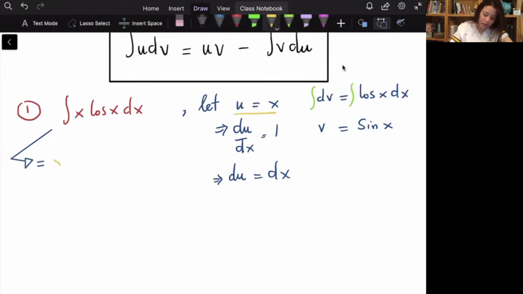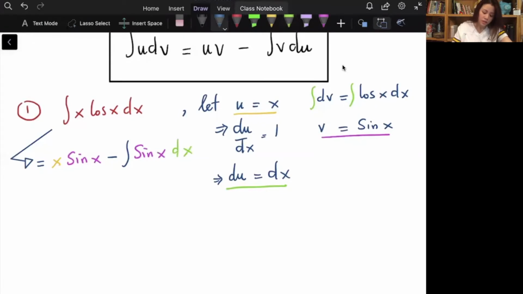So x times v, what is my v? V will be sine of x, times sine of x, minus the antiderivative of v du. Again, v is sine x, and du is equal to dx right there. Du is dx.